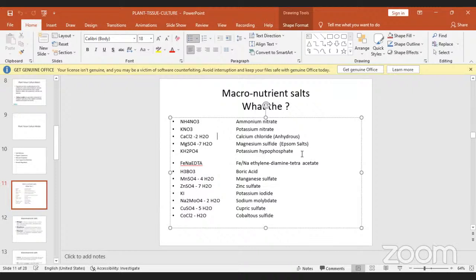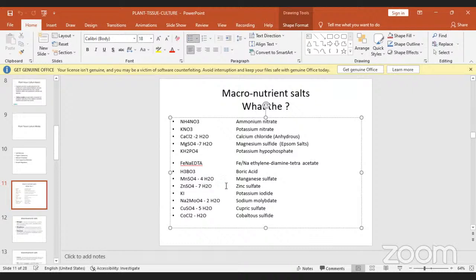Next, potassium dihydrogen phosphate, KH2PO4. Next, ferrous sodium ethylenediaminetetraacetate, FeNaEDTA. H3BO3, boric acid. MnSO4 4H2O, manganese sulfate.